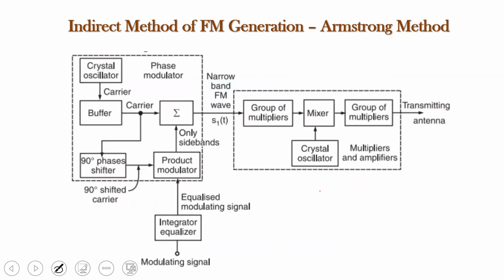This is the complete block diagram that is used for indirect method of FM generation. If you closely observe this block diagram, this dotted portion is meant for producing a phase modulated wave.